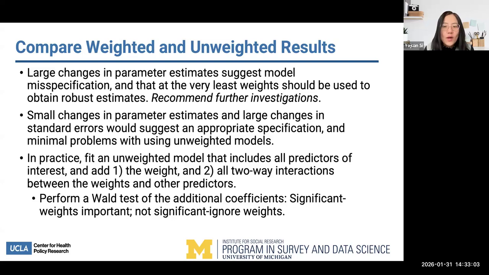Then we can assess whether the weights are significantly related to the outcome or any of the two-way interaction terms are significant. If they are not, we can ignore the weights. But these are all empirical ways to compare weighted and unweighted results, but they are all practical recommendations.